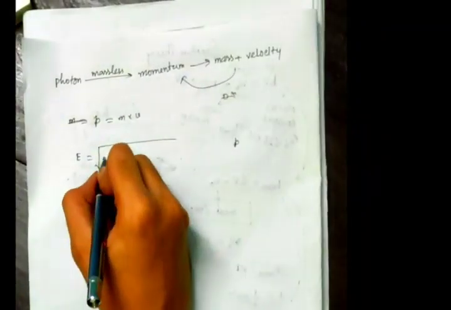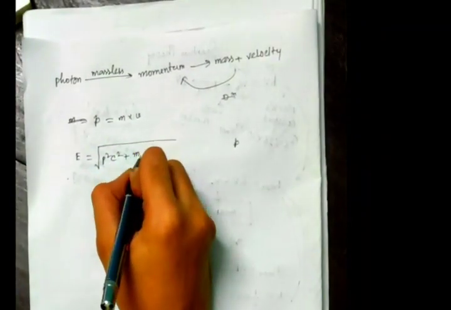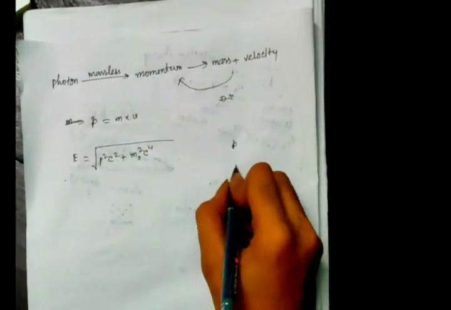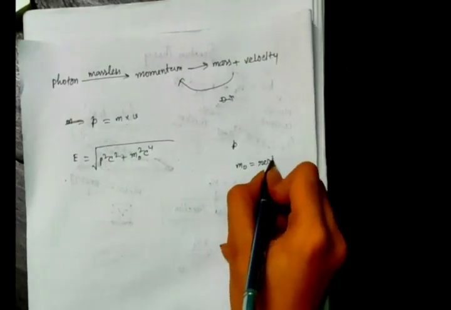The new theory, quantum mechanics, says that if a particle has energy E and momentum P, then E equals root over P square C square plus m naught square C to the power 4. Now what is m naught? M naught is the rest mass.